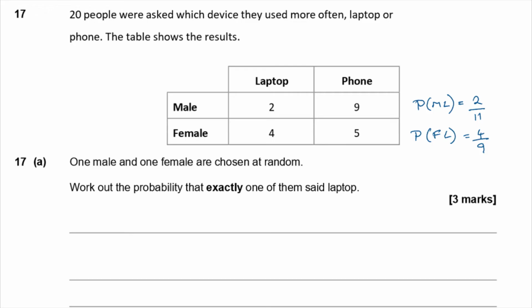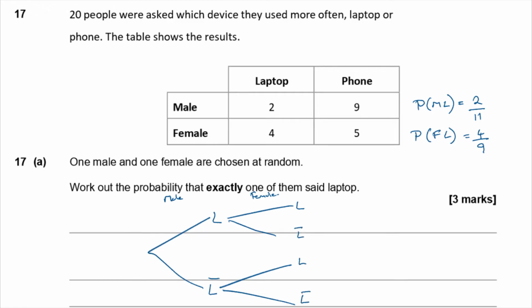Okay. Now we know that, we want to work out the probability that exactly one of them said laptop. Okay, I'm going to do that in a little kind of tree, like a probability tree. So let's do the male choices first. So this is the male, and then we'll do the two branches for the female choices. Okay, so assuming that the male said laptop here and not laptop there, and laptop, not laptop, laptop, not laptop.